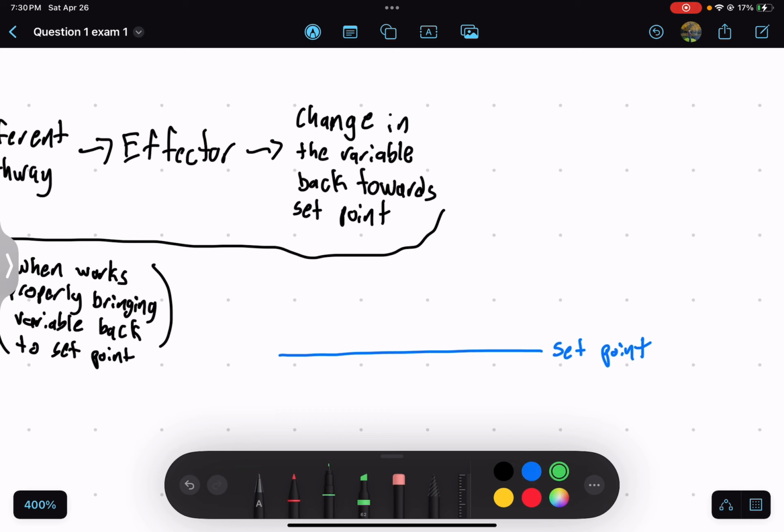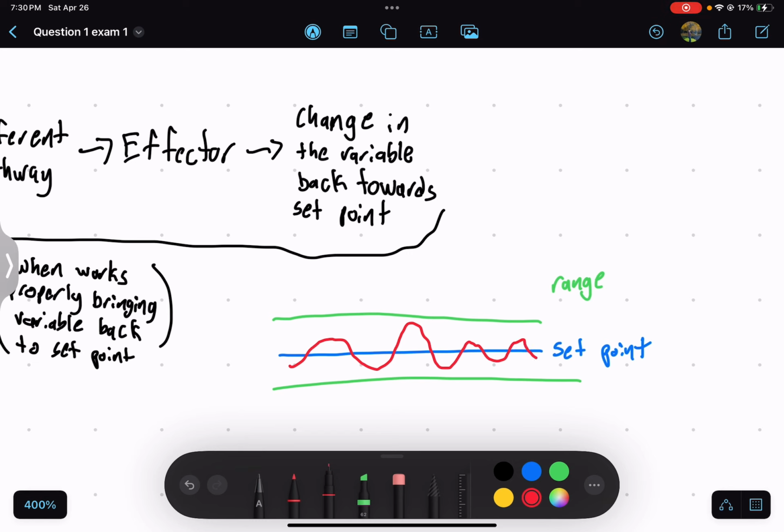Now, because our bodies aren't going to maintain one value constantly, we are going to have a range in which we can remain healthy close to this set point. And our body will fluctuate throughout there, and everything within the range that is coming to and from set point is healthy.